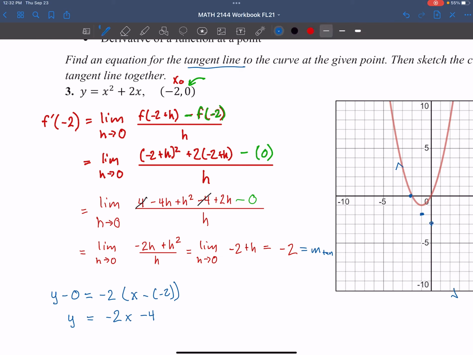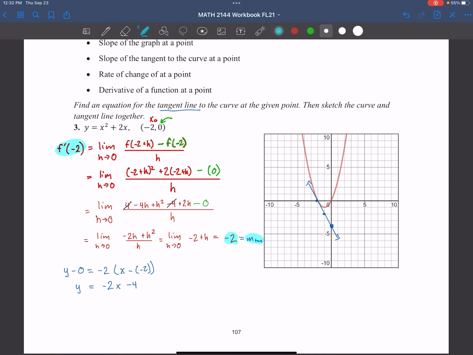So -4, 2 up, 1 to the left, there we go. All right. Any questions on that one? The main new thing here, I'll highlight it, is this prime notation. F prime of -2 is -2, which is the slope of the tangent line.